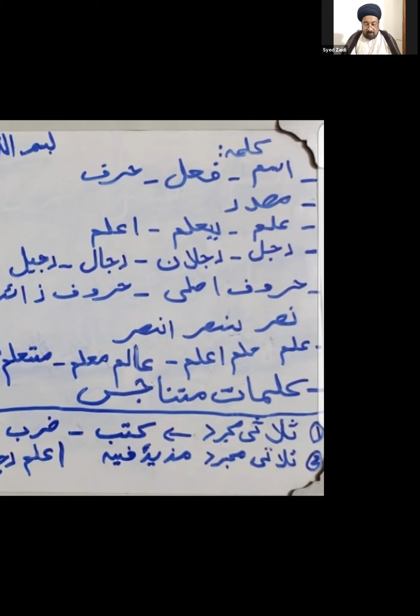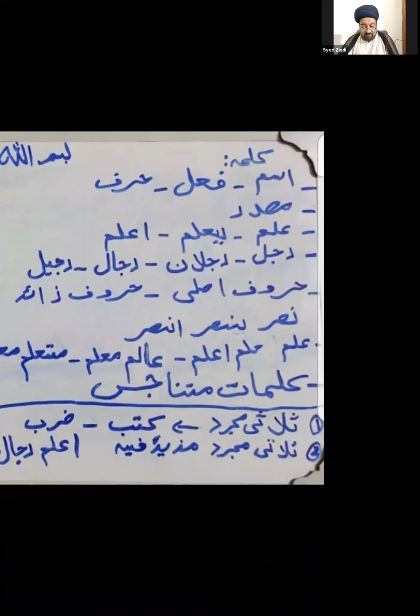Now you move on to huruf asli and huruf zaid. Huruf asli means the original letters that exist in any word that might contain extra letters as well. For example, like I mentioned before, Allama, ya'lamu, i'lam. The root word in these three words was ilm.